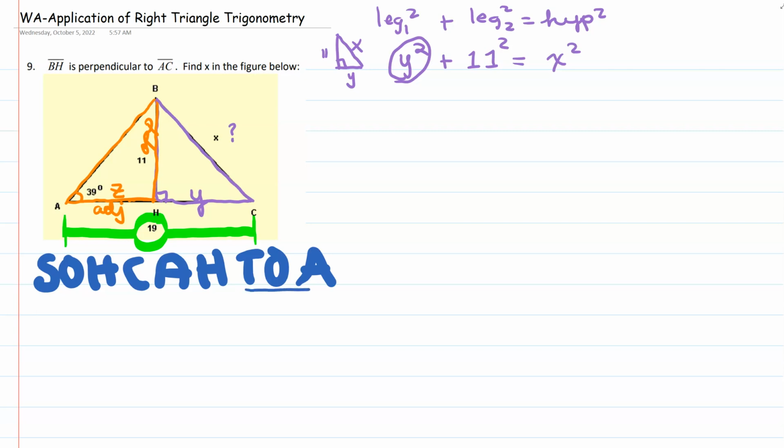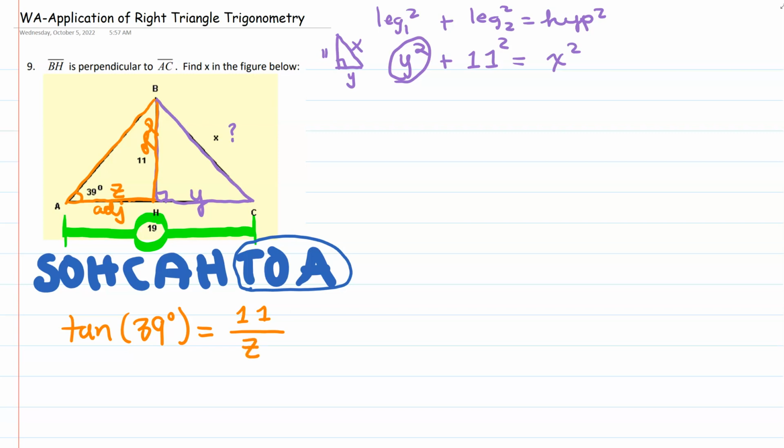Opposite over adjacent, that is what we have in that orange triangle. So we would say tangent of which angle? Tangent of 39 degrees is equal to opposite, which is 11, divided by Z, the adjacent side.